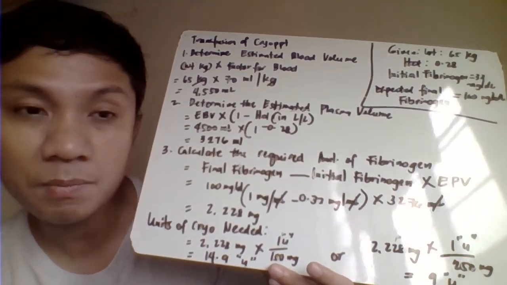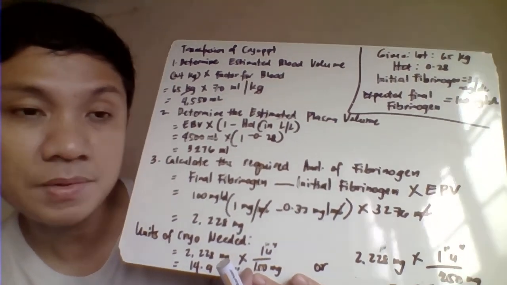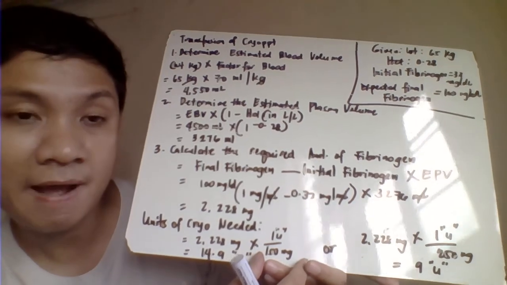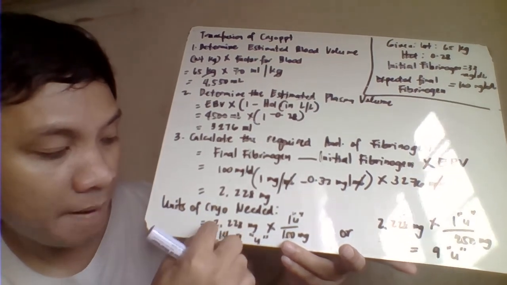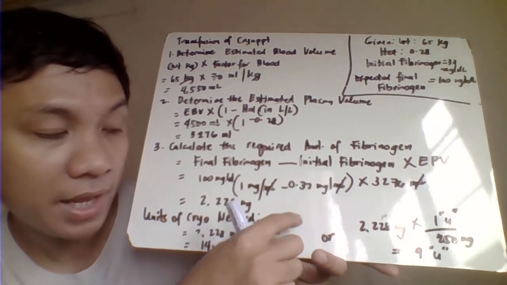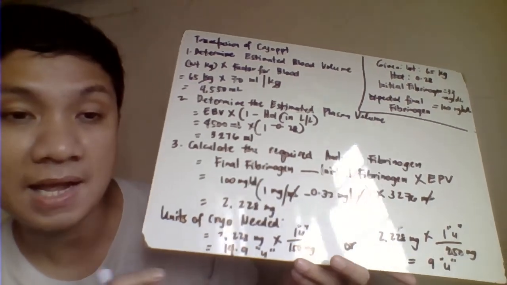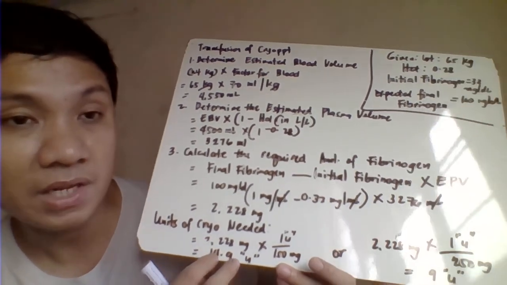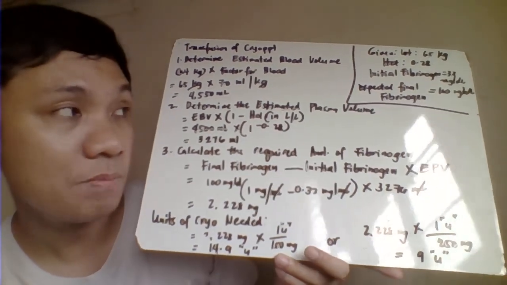One cryoprecipitate unit can contain 150 milligrams of fibrinogen, or one cryoprecipitate unit can also contain 250 milligrams. So if 150 milligrams is the content of our cryoprecipitate, this will be our formula: the amount of fibrinogen needed to reach our final fibrinogen, multiplied by 1 unit over 150 milligrams. So that's 14.9 units of cryoprecipitate that should be given to the patient to increase the fibrinogen from the initial 32 mg per dL to 100 mg per dL.